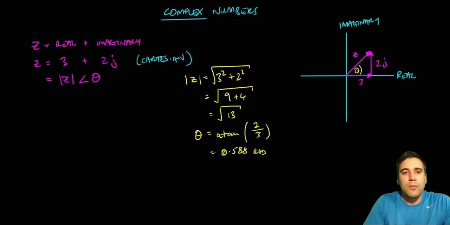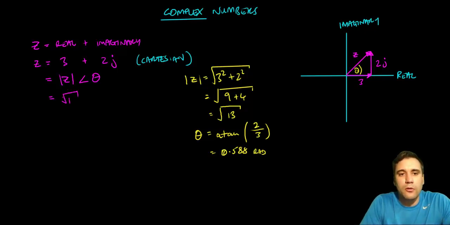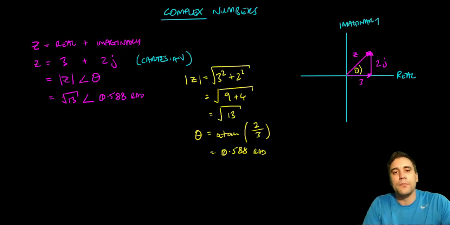So what does that mean? It means that we can express this in terms of its magnitude and angle. So it would be root 13 at an angle of 0.588 radians.